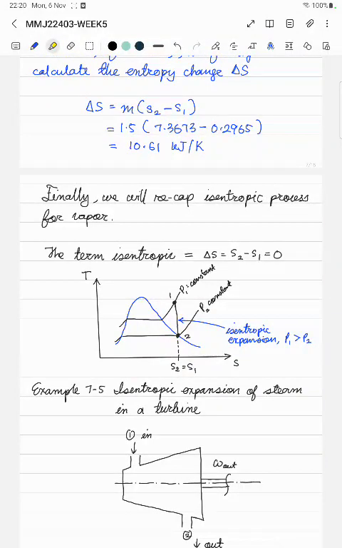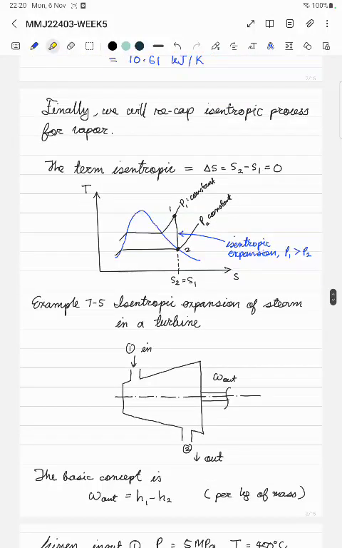So isentropic expansion for the vapor, here the pressure is not constant, the pressure is dropping, but you have to find the physical quantities such as entropy, enthalpy for the fluid by using the table that gets its value from a constant pressure process.